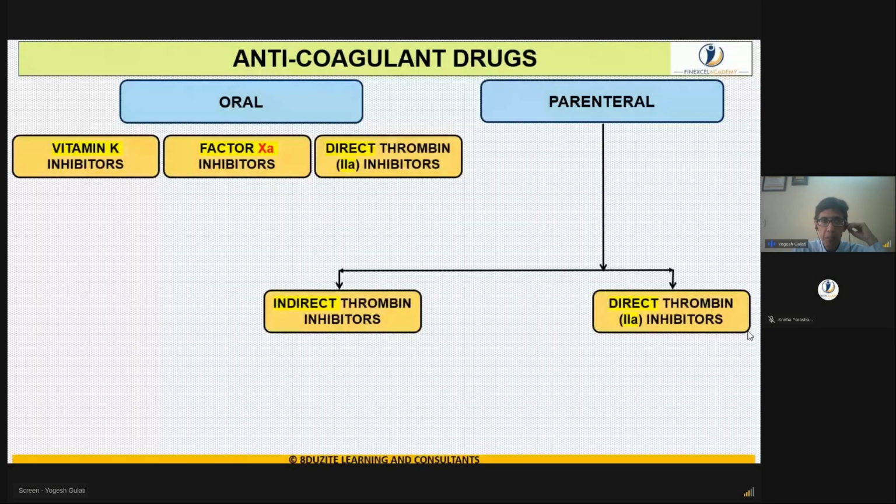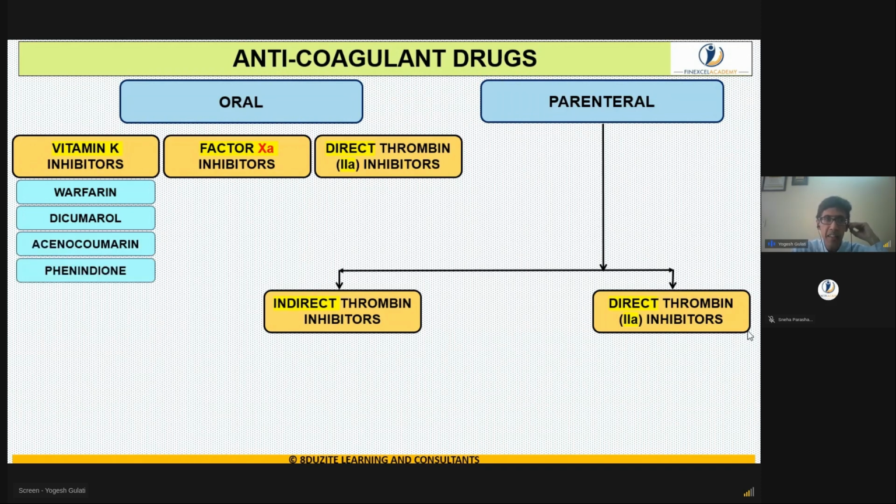Vitamin K inhibitors, I already told you in the previous slide that warfarin is the drug which blocks the synthesis of vitamin K dependent clotting factors in the blood. So warfarin and coumarin group of drugs. Warfarin belongs to a group of drugs called coumarins. So warfarin, dicoumarol, acenocoumarol, and there is another group of drugs called phenindione.